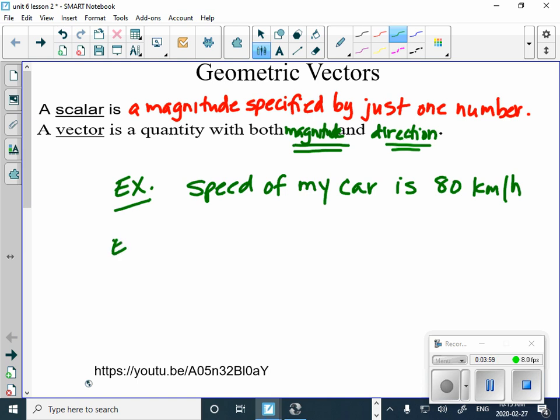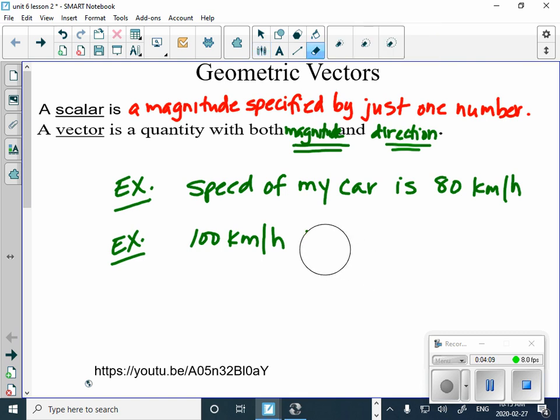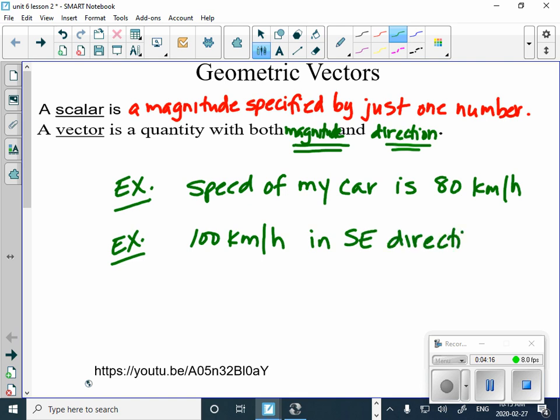But if we said I was driving 100 kilometers an hour in a southeast direction, that would be a vector because it has magnitude and direction. This would be a velocity. This is speed, and it's a scalar.